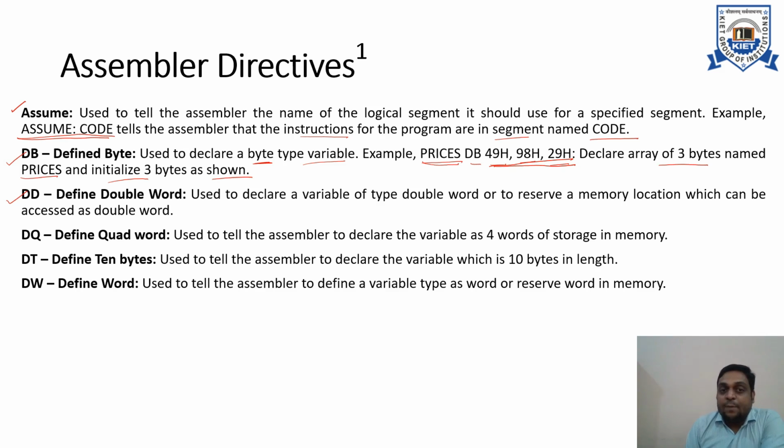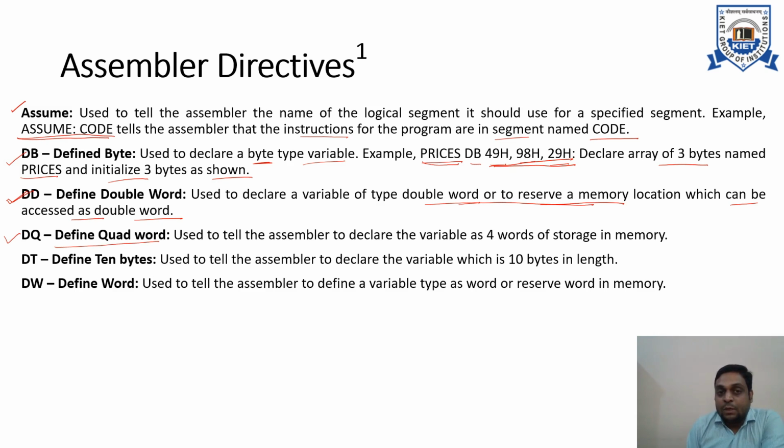Next is define double word. It is used to declare a variable of type double word or to reserve a memory location which can be accessed as a double word. Either to define or to reserve the memory, we can use this DD assembler directive. Next is DQ. DQ is define quad word.